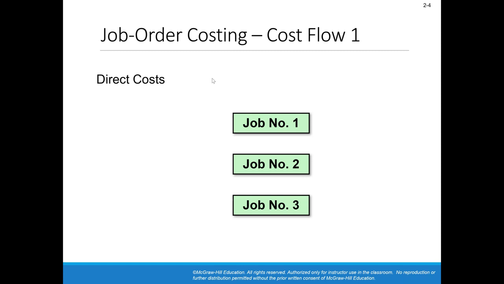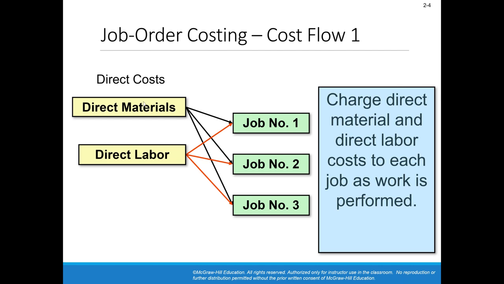So you have these different jobs, and you have direct costs, again, direct labor and direct materials. And so direct materials would come from the warehouse or the storage place in the manufacturing facility. And once you use these parts, you would then transfer these costs from raw materials to work in process.